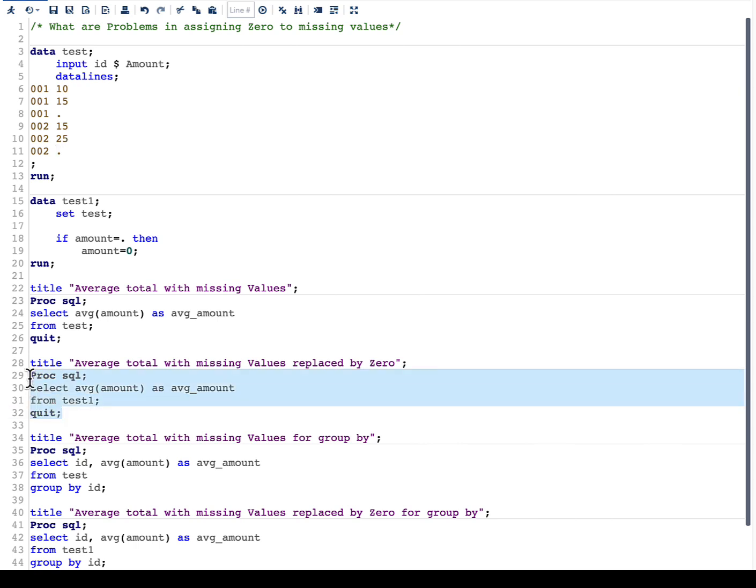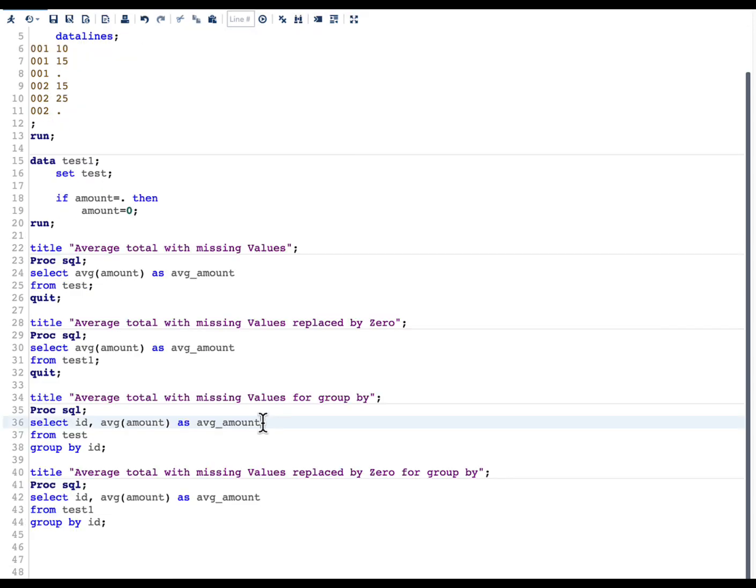So whenever we replace missing values with zeros, the averages become much smaller and less accurate, because this does not represent the exact average, since you don't know what the missing value is. Most of the time a missing value means an unknown value, and an unknown value could be there for many reasons, and if we don't know, we should never make it 0.